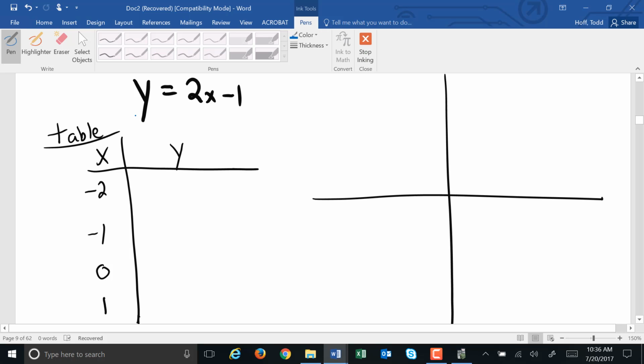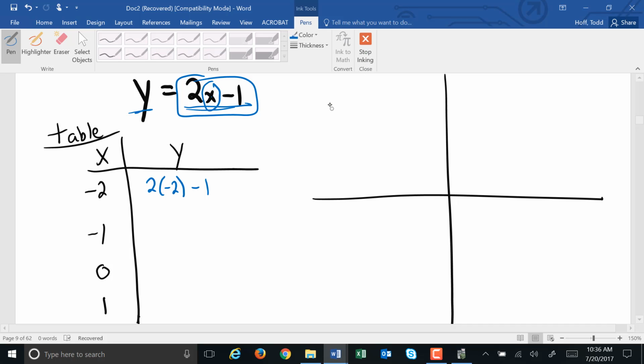So if x equals -2, y equals 2 times -2 minus 1. I'm going to pause. Any questions on where I got that 2 times -2 minus 1? I just took the x equals -2. I put that into my equation where the x was. And then that's just this side here. Y equals that expression. I replaced the x with -2.